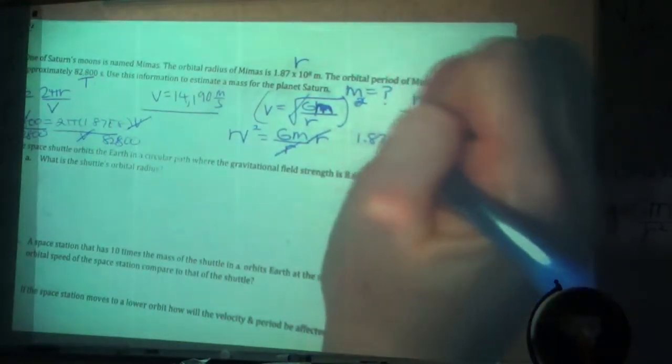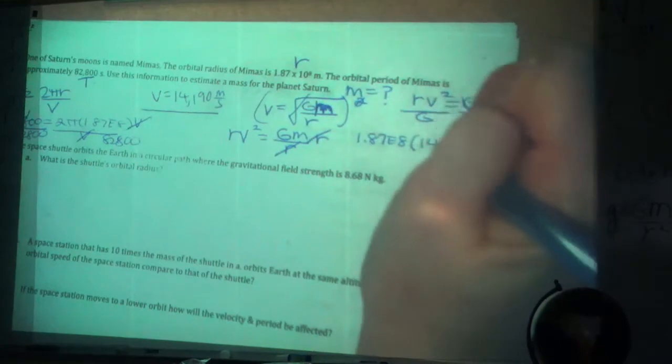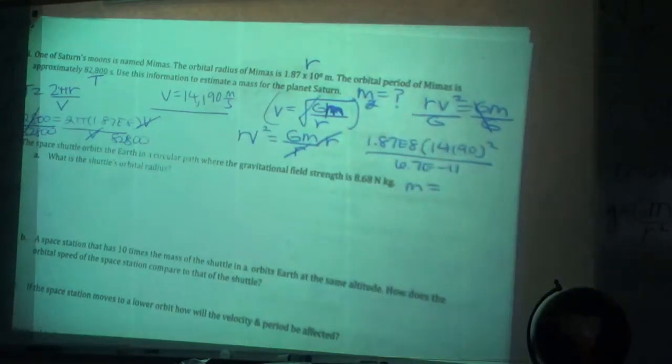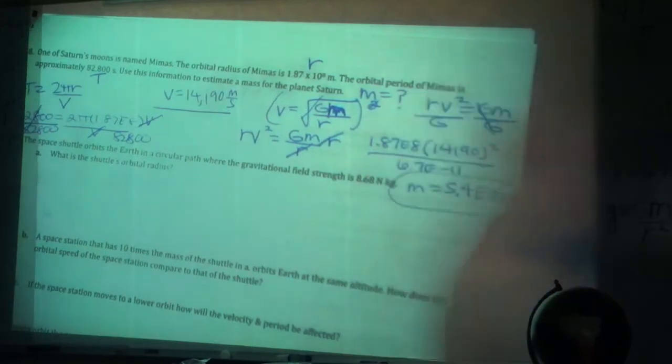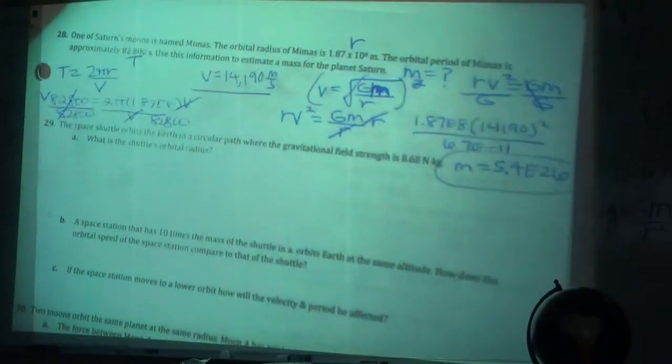Then we plug in our numbers, r times velocity squared over G, and that gives me a mass of 5. Someone said they have 5.6. I have 5.4. But if you have 5.6, then maybe you did it right. I'm going to go with what I have, but if you have 5.62, then those people are probably right.